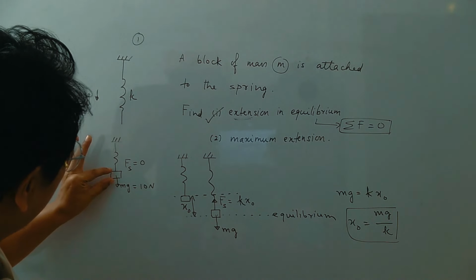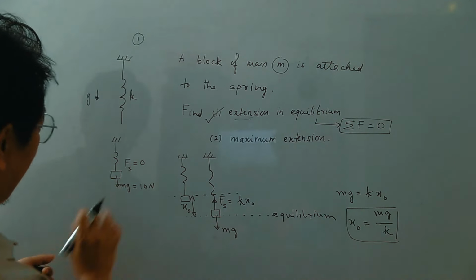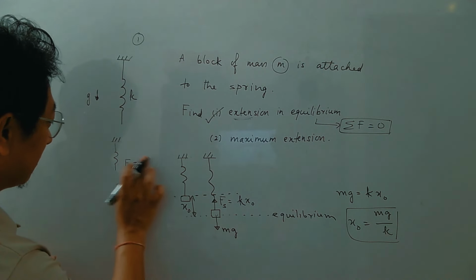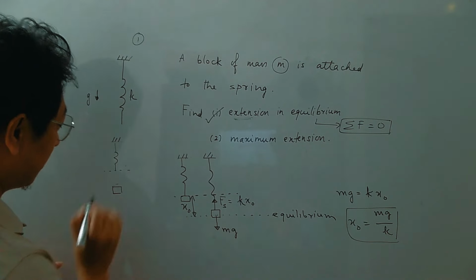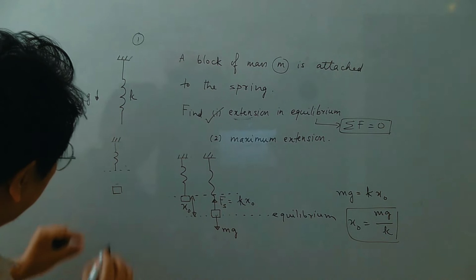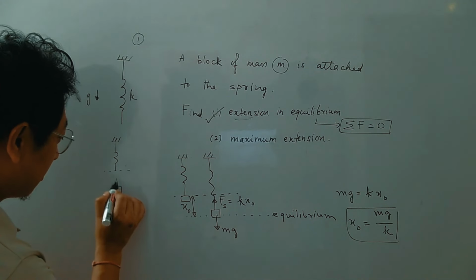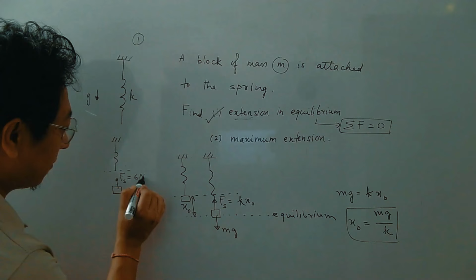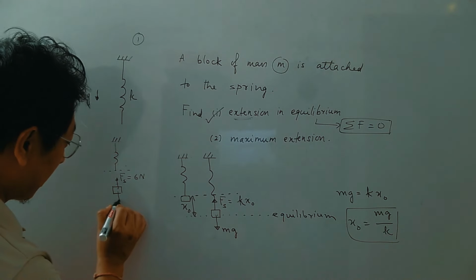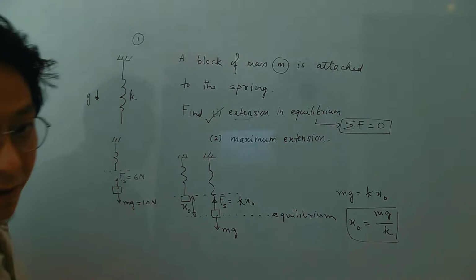So because of that, your body will accelerate. And as the body will start coming down, remember it started from here. As it is coming down, because of the increase in the extension, the spring force will also increase. So let's say it is right now 6 Newton. But what was the gravitational force? It was 10 Newton. Right?